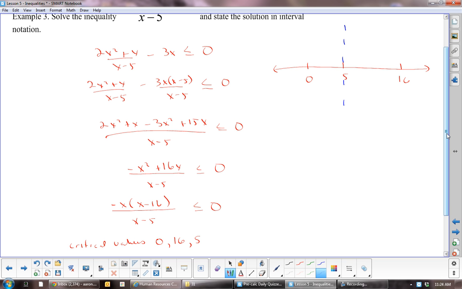Okay, so let's do our intervals. So let's do less than 0. What's a good number? Negative 1. Okay, now be very careful here, because there's 3 places to put the negative 1. So if I put it there, that will be a positive. If I put it here, negative. And if I put it here, negative. Okay, so this is what this looks like.